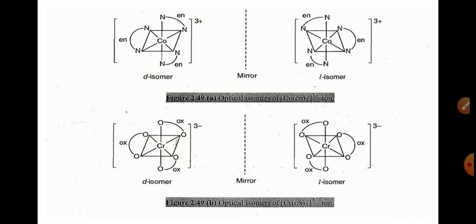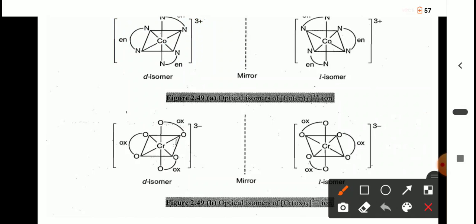You can see the example here. In the first example, ethylenediamine is a bidentate ligand. Here one ethylenediamine, another ethylenediamine, and the third ethylenediamine. And when we write the other isomer, which is the L isomer, these two are optically active.